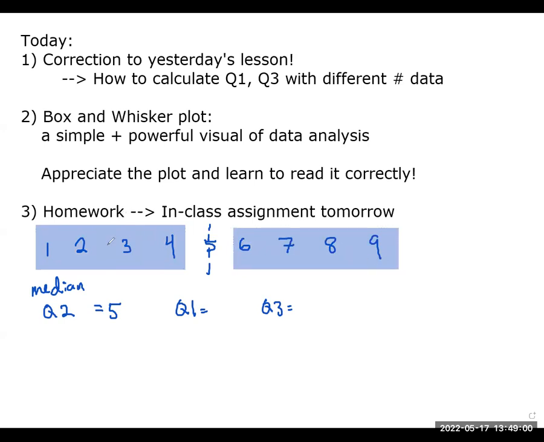What's the middle number of the first half? Yeah. So now suddenly I have to do the average this time. And what's the middle number of the second half? I have to do the average.